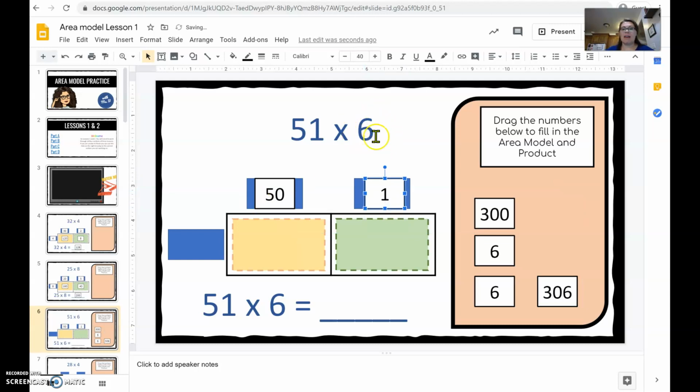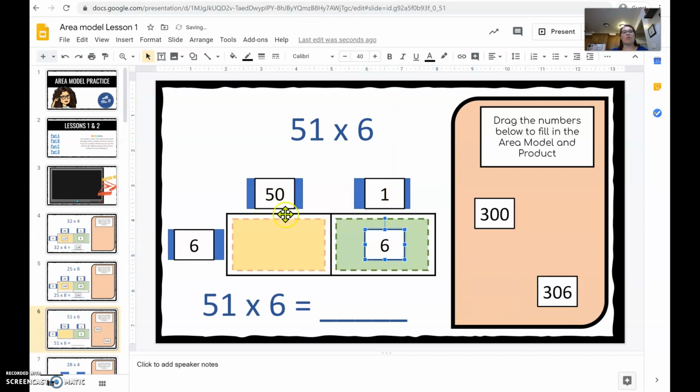Then I look at my value of my 6, and I'm going to put that over here. Now I can multiply. 6 times 1 is 6. Now I'm going to come over here, so 6 times 50. I'm going to cover up that 0. 6 times 5 is 30. Put back that 0, and it's 300.